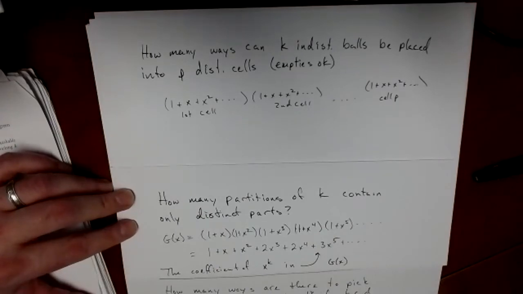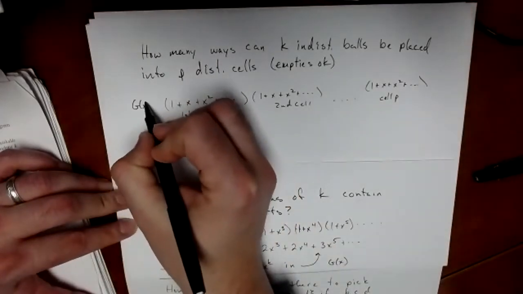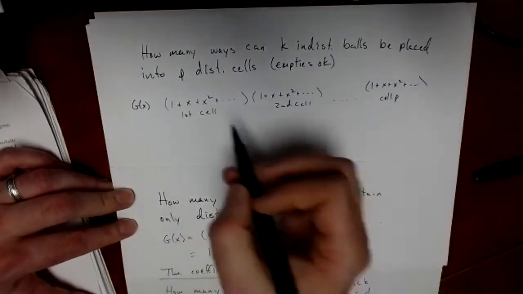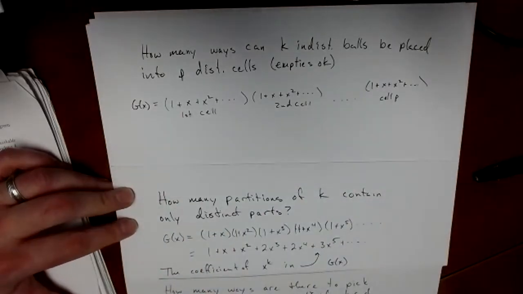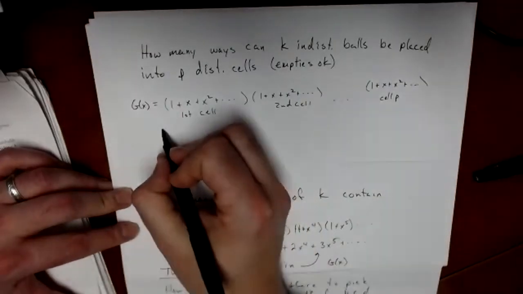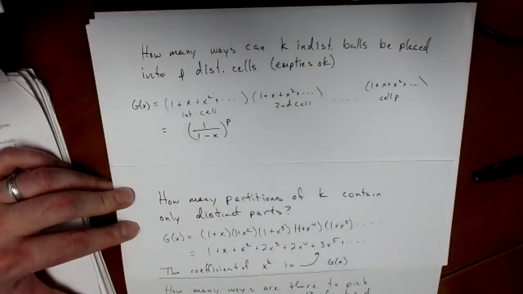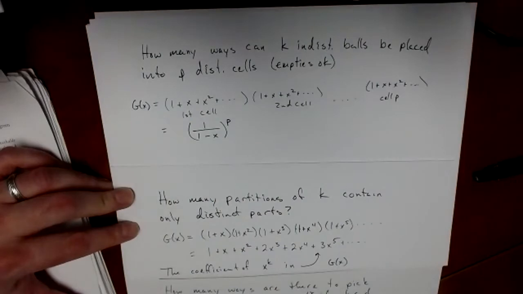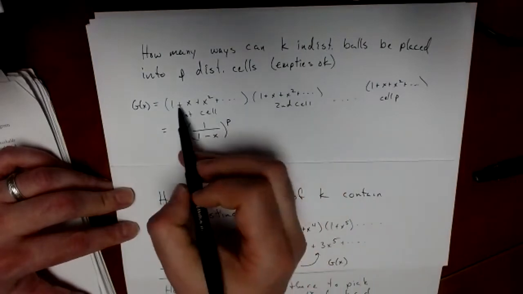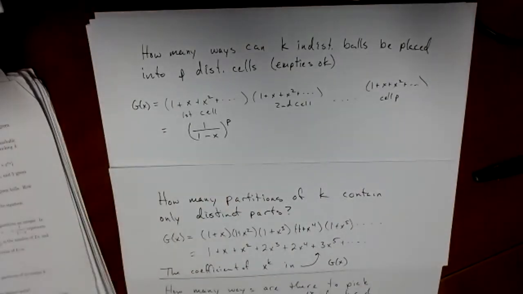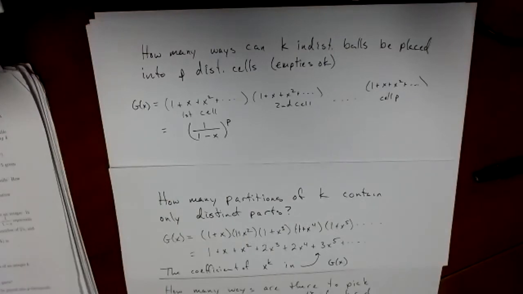So what does this look like? This is my generating function. The answer will be the coefficient of x to the k in that generating function, but that generating function isn't written very nicely. So let's write that as 1 over 1 minus x to the p. Each of these is 1 over 1 minus x because we're allowing it to go infinite, recognizing that if at a certain point the answer is going to be 0 because I'm going to run out of balls I can place.